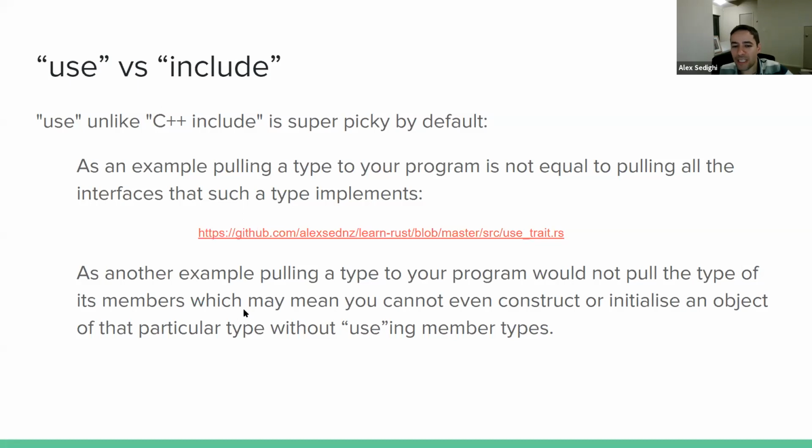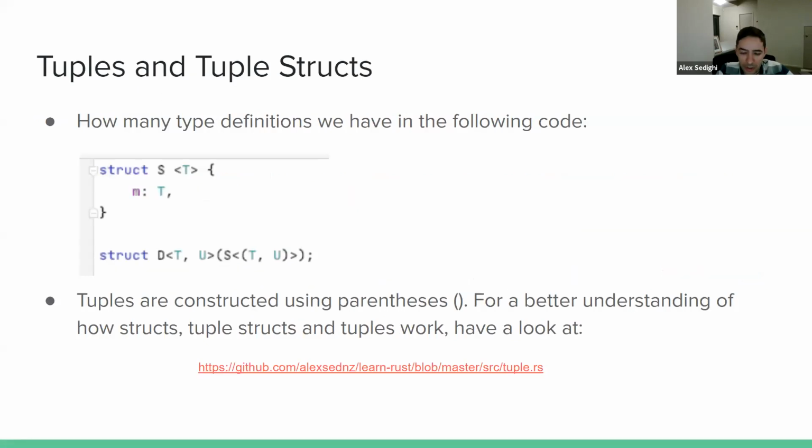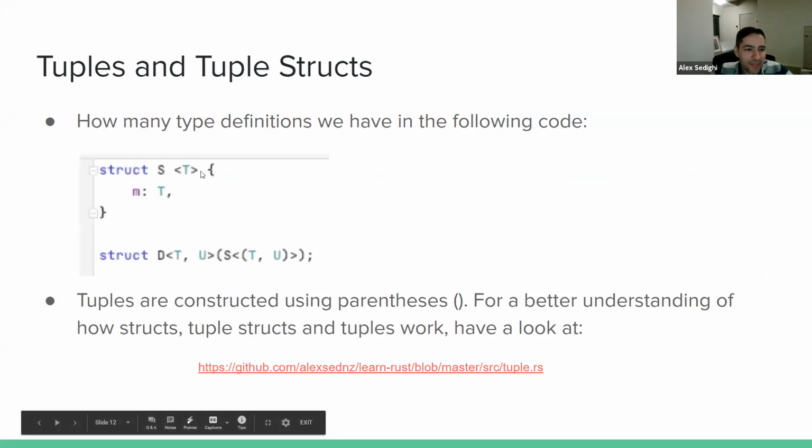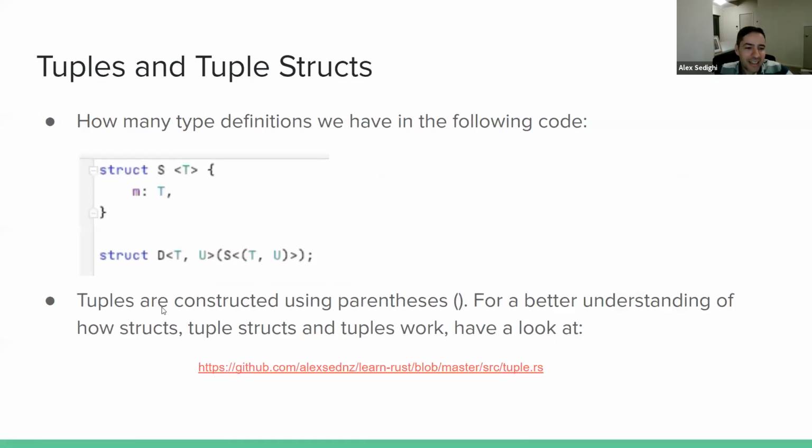If you need to use A in a way that you are accessing its member, then you should actually individually bring in the type B. Again, I have examples there. This is another one that was cool for me. And that's a question for you: how many type definitions do you see in these lines? Can anyone answer that?